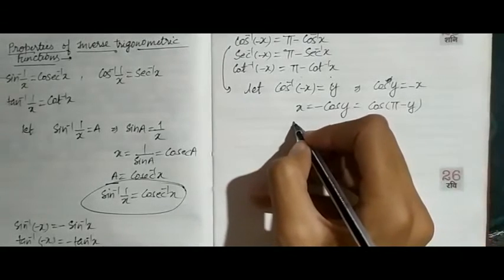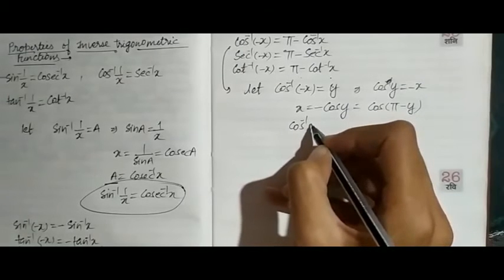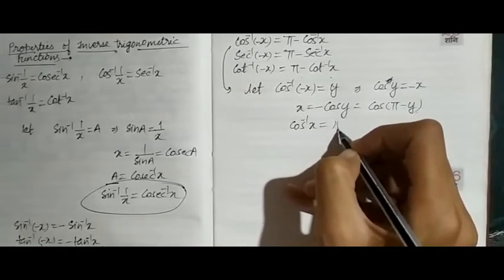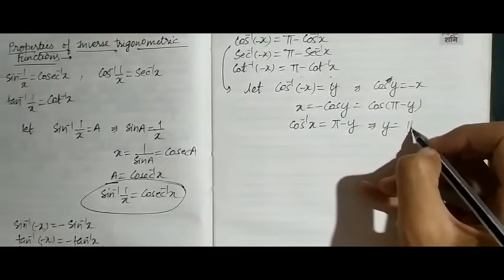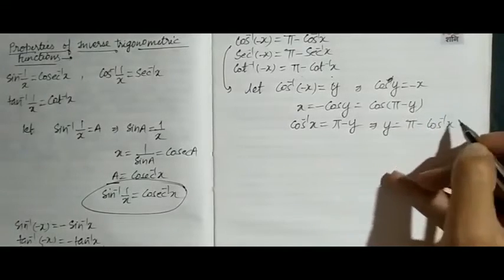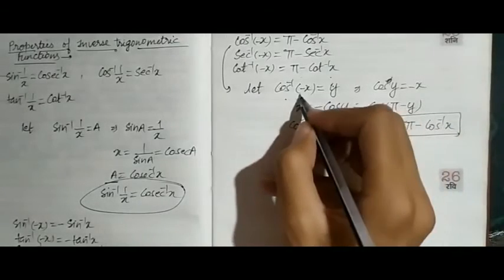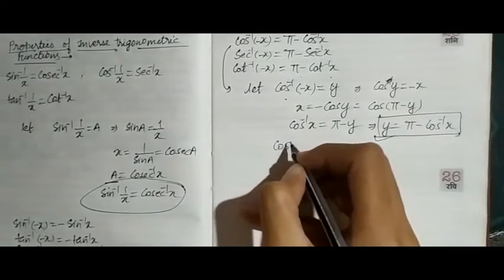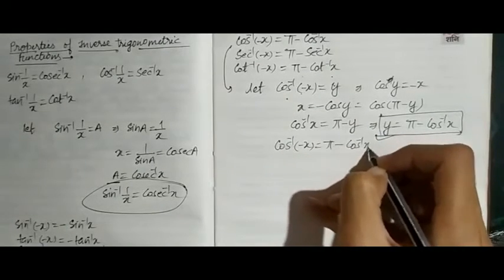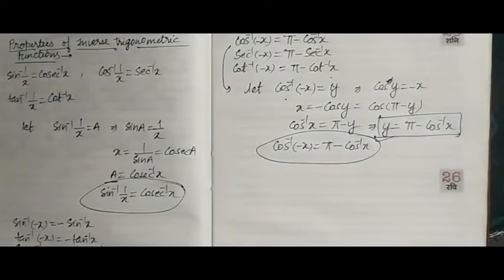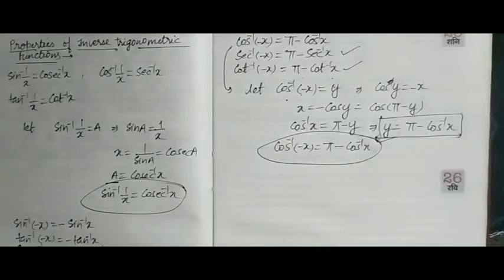On comparing this, cos inverse x equal to pi minus y, then y equal to pi minus cos inverse x. Then as you know, we considered y equal to cos inverse minus x, so put here cos inverse minus x equal to pi minus cos inverse x. This is the required result. Then you can solve the others by the same process.